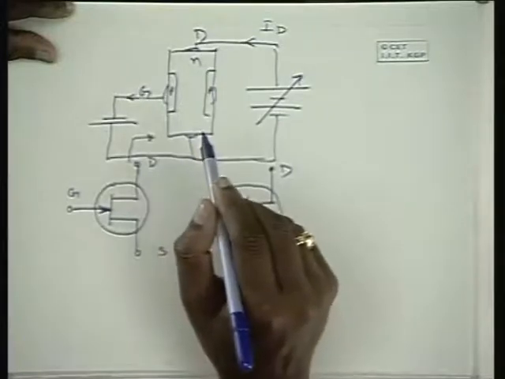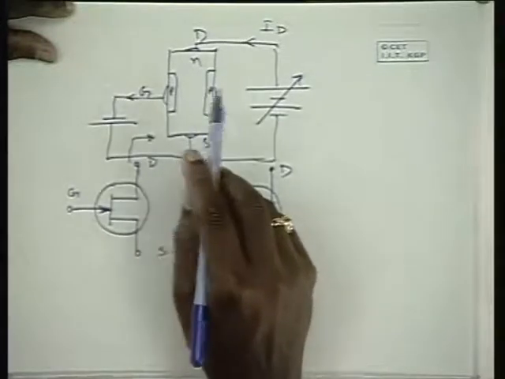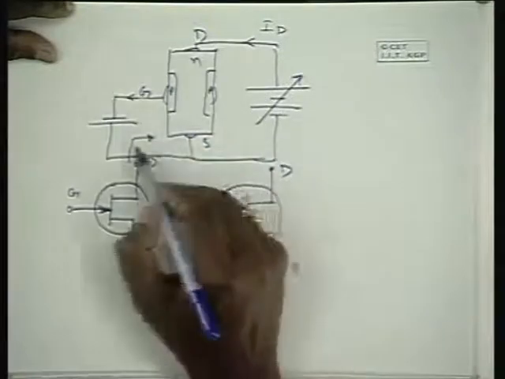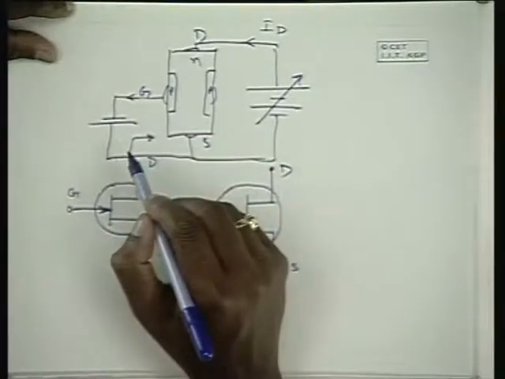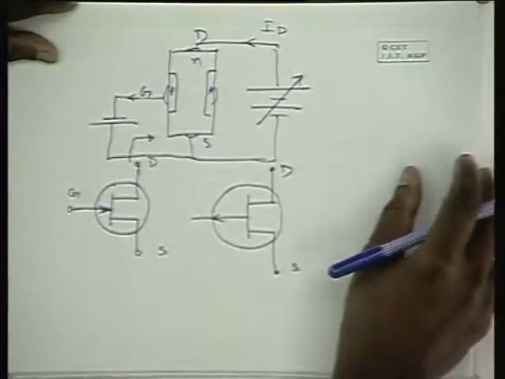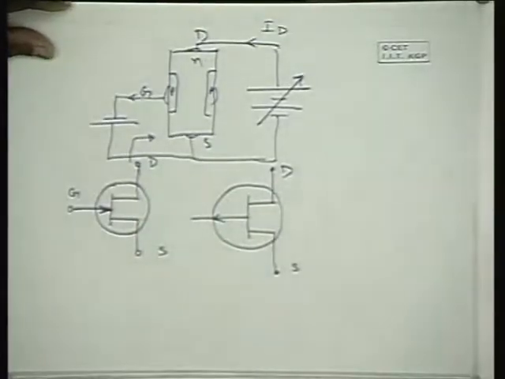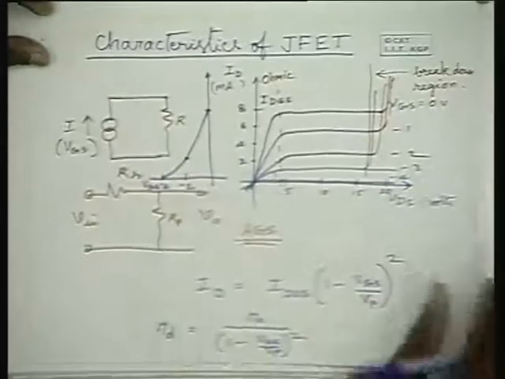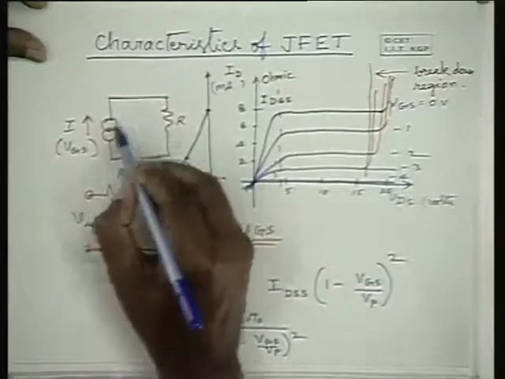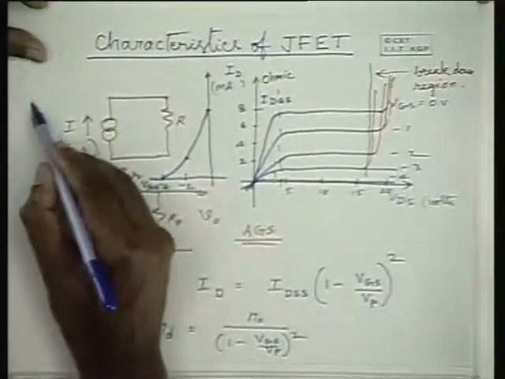For all practical purposes, you can consider that it is an open circuit. So the circuit doesn't load. Therefore, the beauty is the device acts like a current source, and the current is a function of VGS.